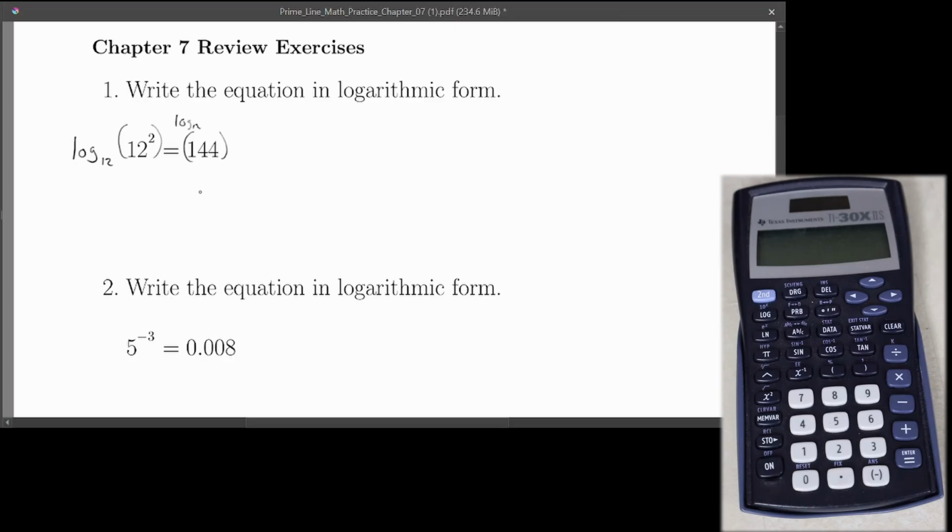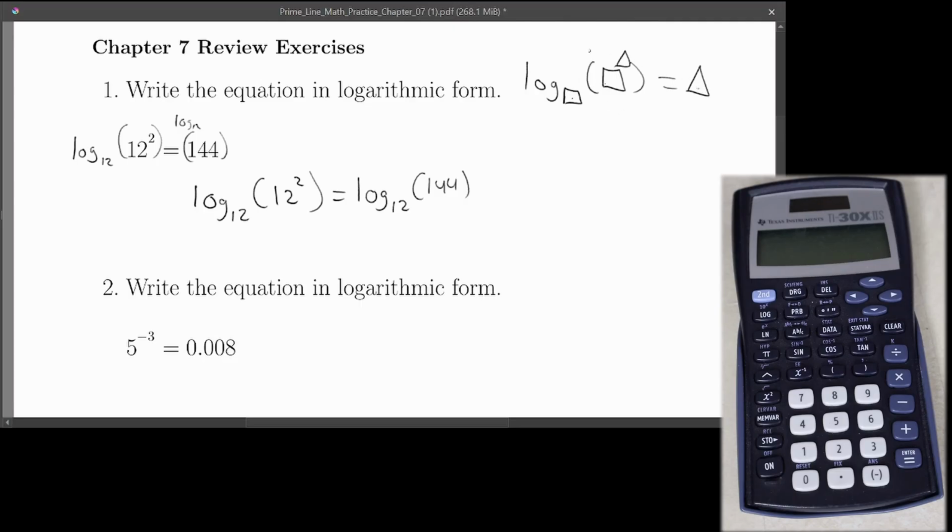So when we write it out, log base 12 of 12 squared, we get on the other side log base 12 of 144. From here, we can evaluate this log, and our shortcut rule is, if the bases are the same, we can say that's equivalent to whatever the power value is.